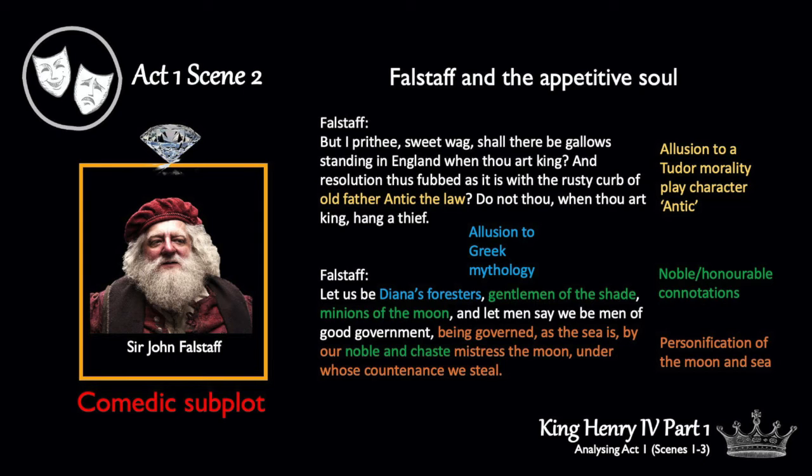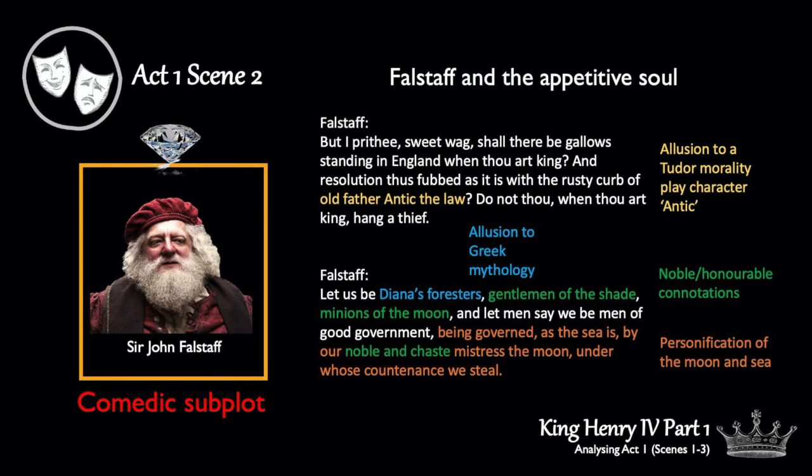Falstaff stands for the liberation of desire. He paints the law as a horrible old clown that brings misery and restriction, and he paints the anarchic underworld of men engaged in thievery and the pursuit of self in lofty terms, calling them Diana's foresters and gentlemen of the shade and minions of the moon.